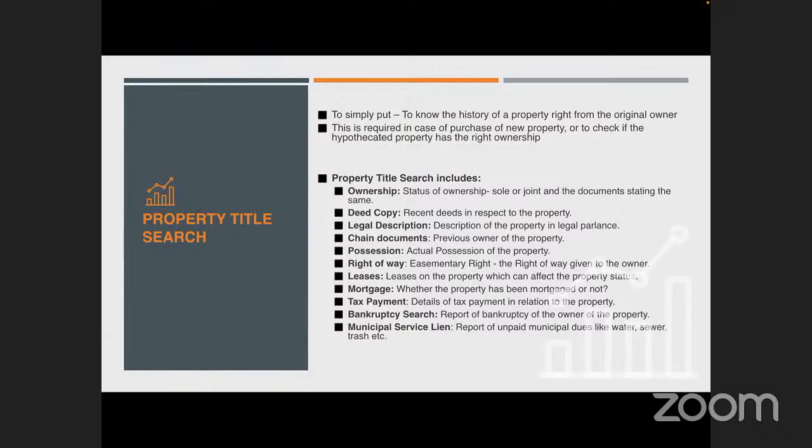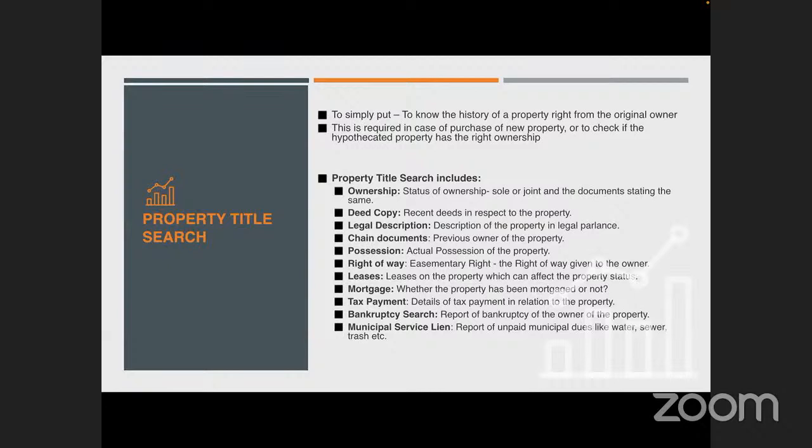Now, a few aspects that you have to remember when you're doing a property title search. First, the ownership status, sole or joint, or the document stating the same. The deed copy, which is the recent deeds in respect of the property. Legal description, which means what that particular property is, what the schedule pertaining to it is.